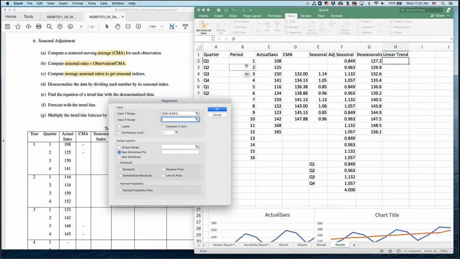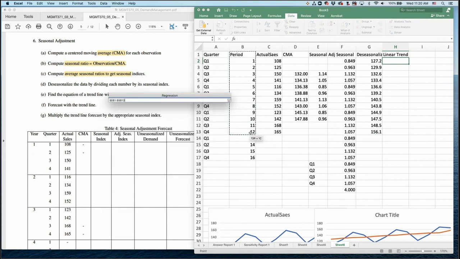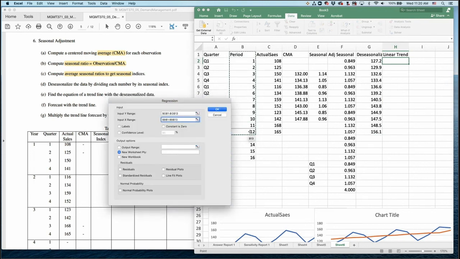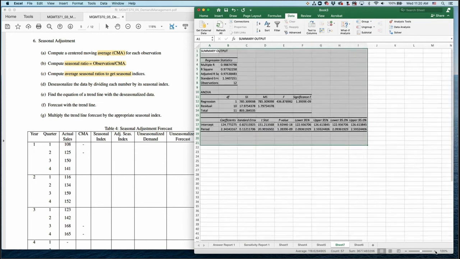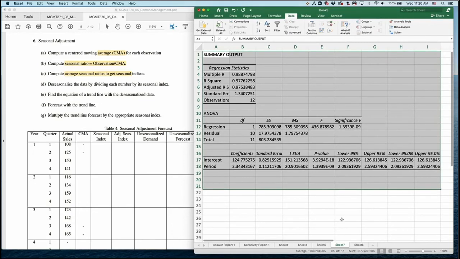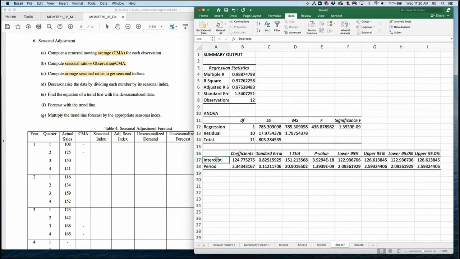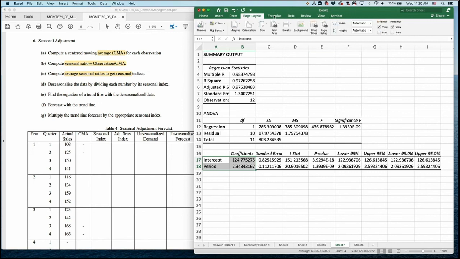The first data is a label, and you can click this. Then finally you will have this linear regression result. With this result, we will use this coefficient. So simply you just highlight this, and then you can add a name. The names should be intercept and then period. So we will use these names.